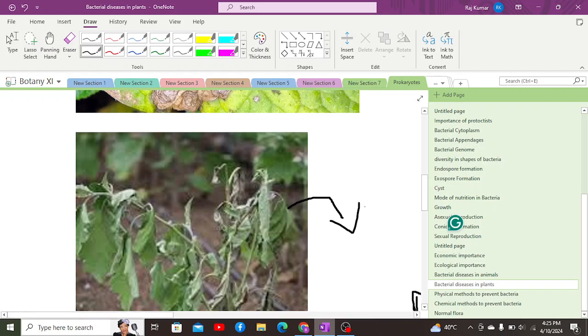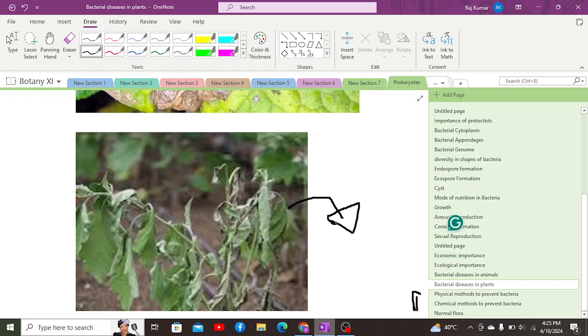Moreover, the causing agent Pseudomonas solanacearum blocks the xylem vessels of the plant, as a result of which water is unable to be transported to the upper parts of the plant, and the upper parts become wilted.